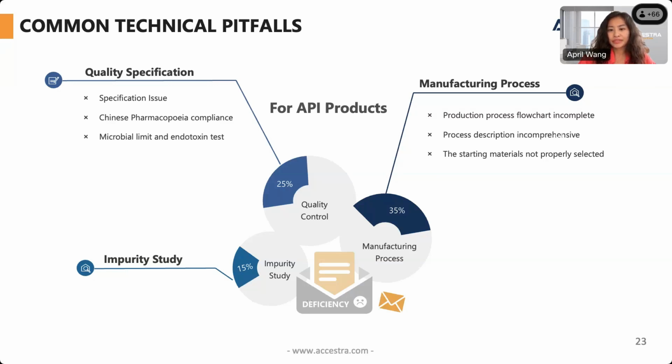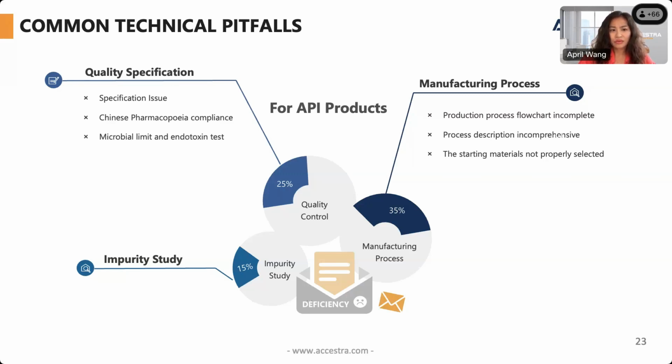Another example is the specification not compliant with Chinese pharmacopoeia without legit reasons. And for injectable APIs in particular, if the microbial limit and endotoxin tests are not included in the specification, CDE will request the applicant to supplement the research data.